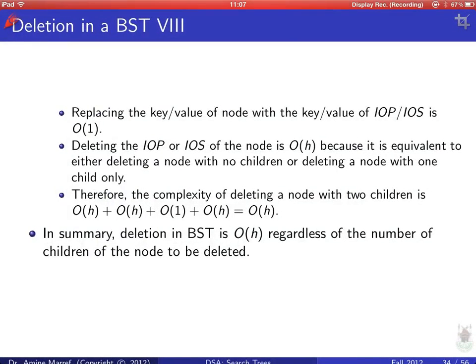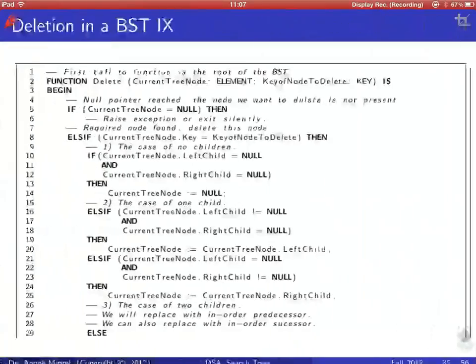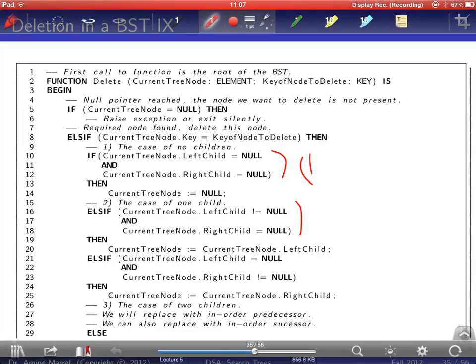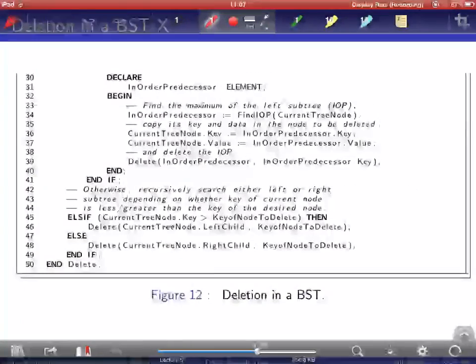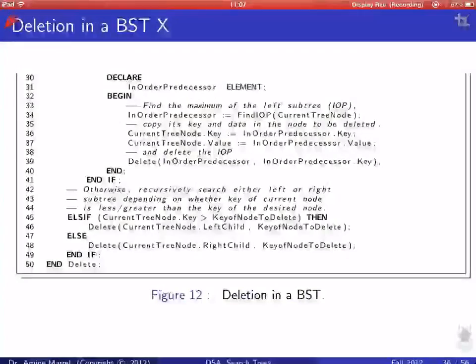In this tree, the maximum value is this, because it's the rightmost. This is a key, this is larger than it, and this is the largest. So this is the maximum of the tree, and this is the minimum of the tree. So the Inorder predecessor is the maximum of the left subtree.